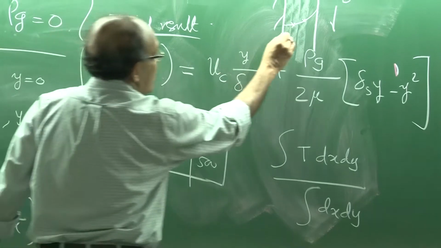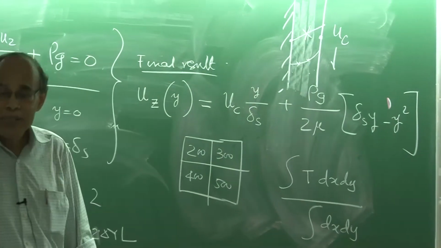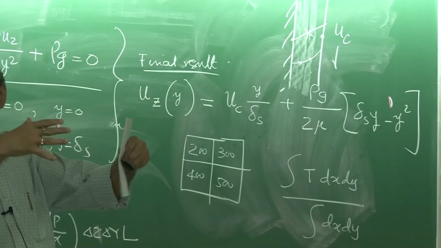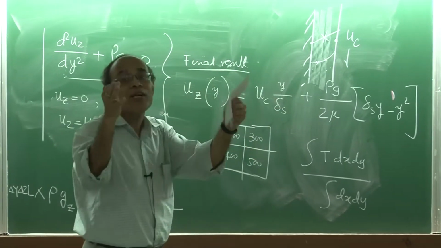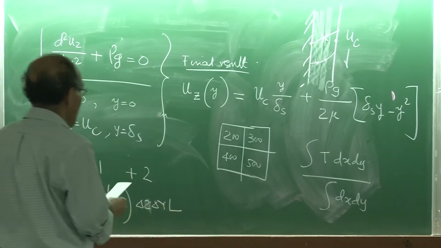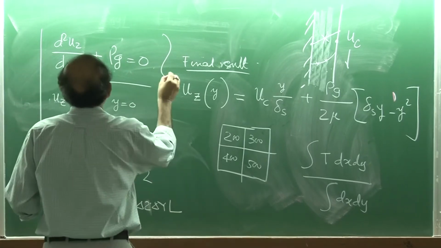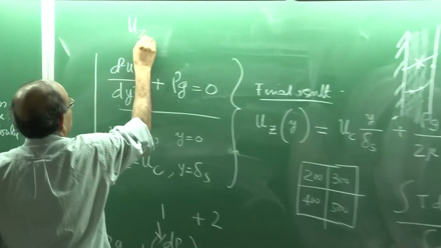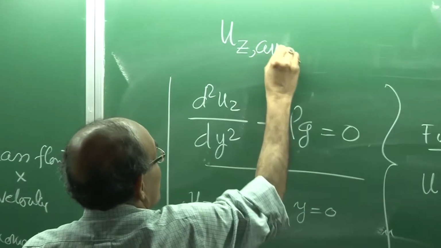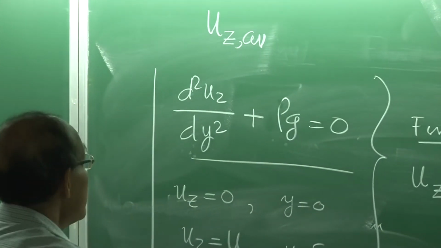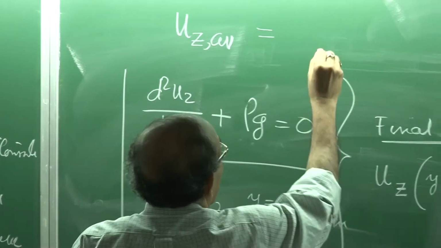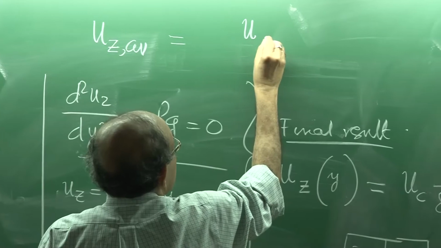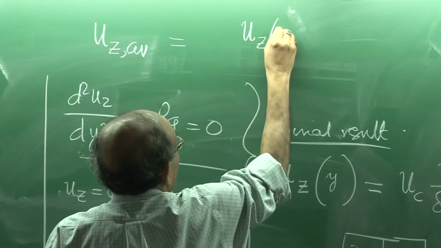Similarly, since the velocities are different at this point, we should be able to integrate the velocity as a function of y, remove the dependence on y, and have a comprehensive velocity scale, and that average velocity can be given as uz average. So, I would say that average velocity by definition is uz, which is a function of y.